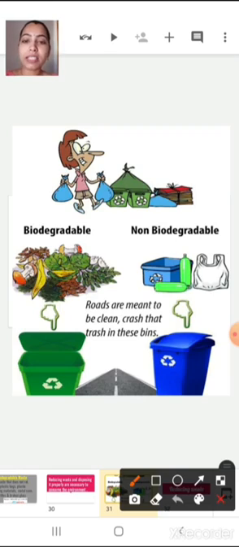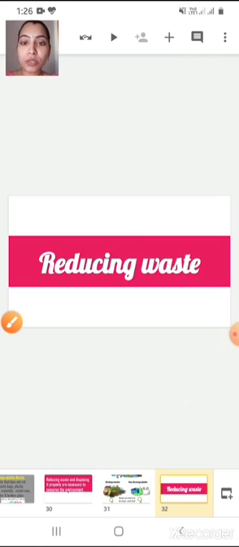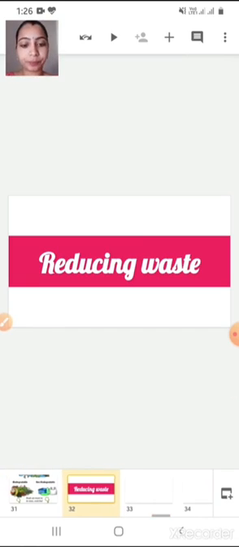But non-biodegradable waste cannot rot and cannot mix in soil, because it contains plastic bags, plastic bottles, glass bottles, metal cans, etc. Alright, now today we are going to start from reducing waste. How we can reduce the waste.